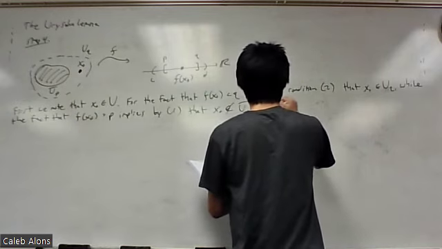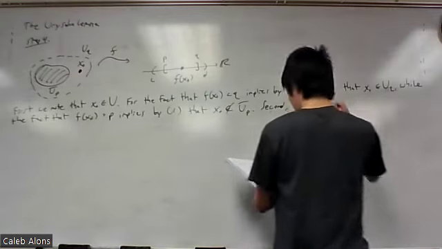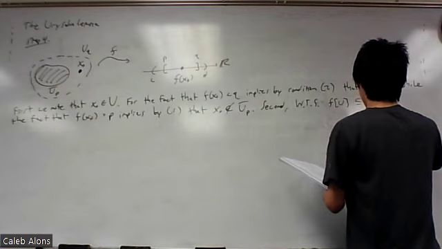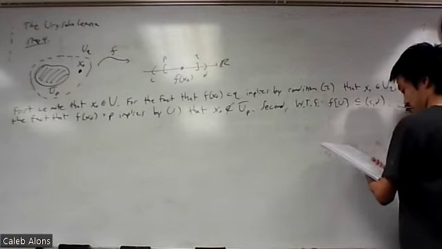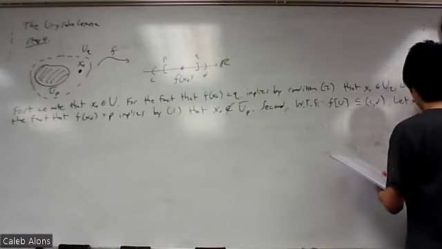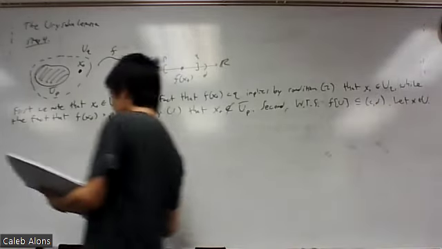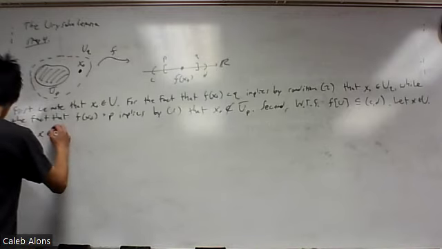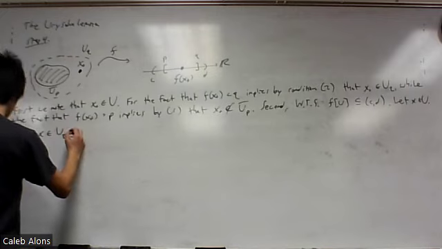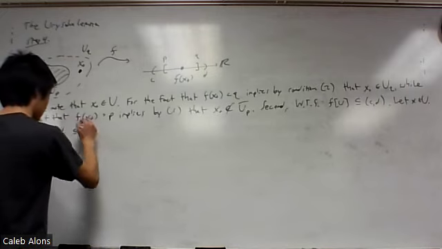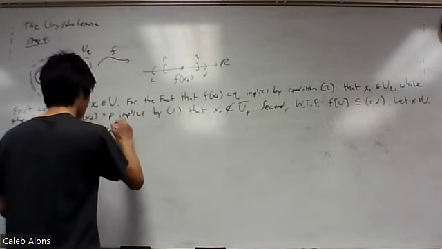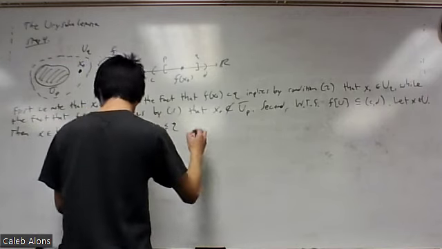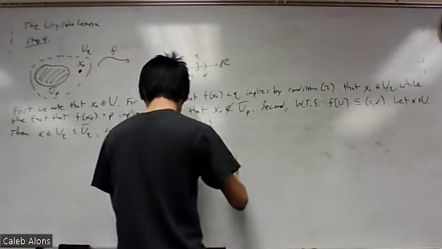Second, we want to show that the image f of U is a subset of this open set CD. So we'll let X be in U. Then X would be in U sub Q, a subset of the closure of U sub Q, so that f of x is less than or equal to Q by 1.